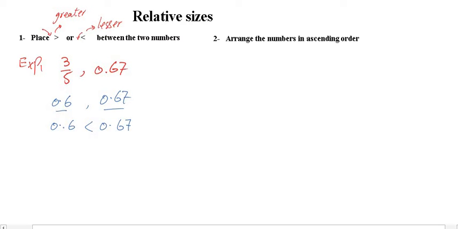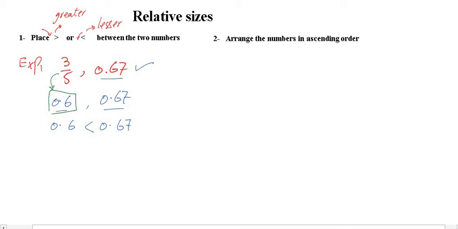This is not your answer. The actual question is 3 out of 5 and 0.67. So please focus on this point. When you compare, compare the original. This fraction I just changed to make the comparison easy for me between 0.6 and the second number.